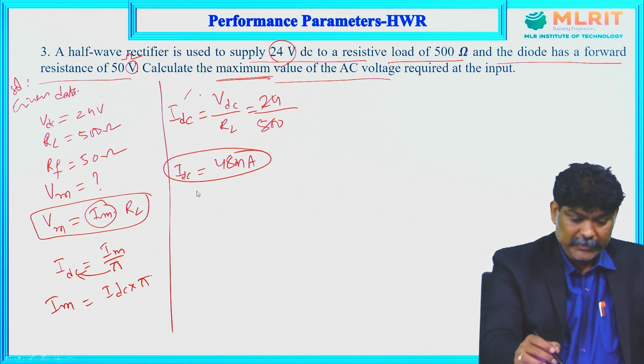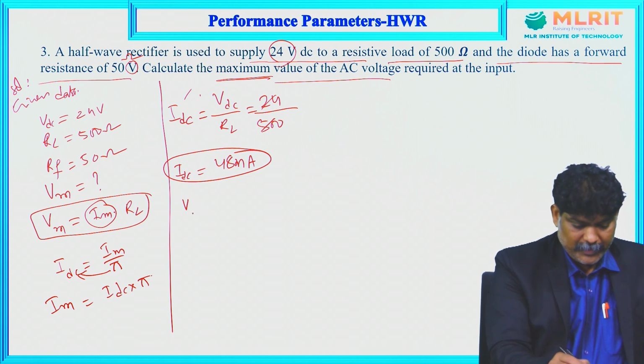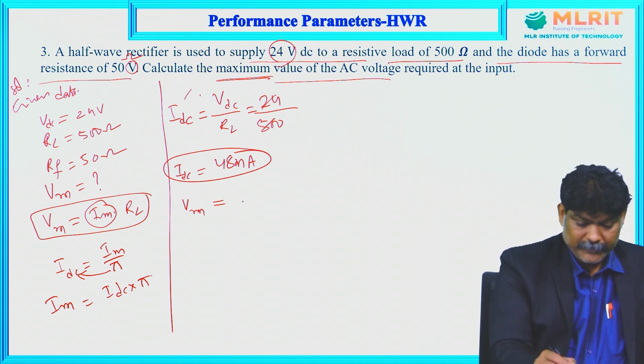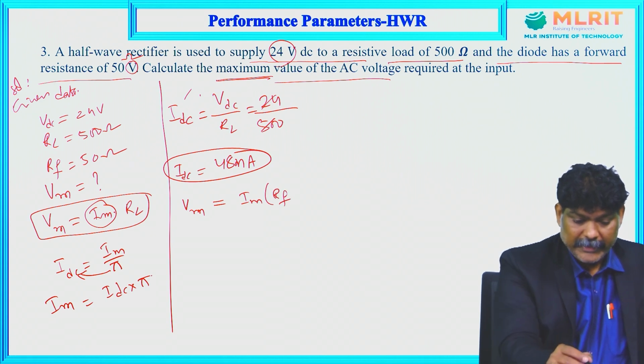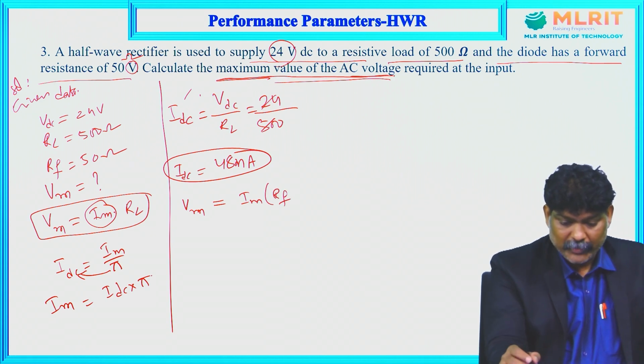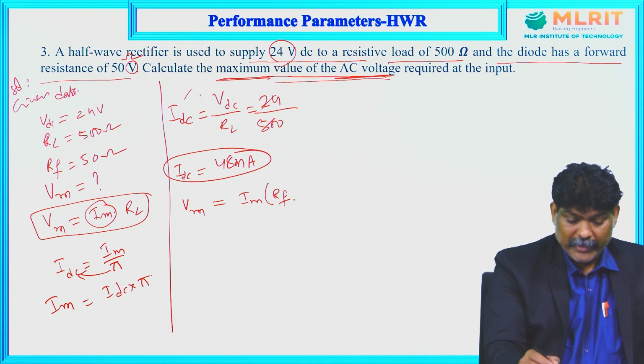And similar to this, here what we have to calculate? VM. So VM is equal to IM into, because it is the maximum value of AC voltage, we have to consider the forward resistance of the diode also. So in such case, what is IM?